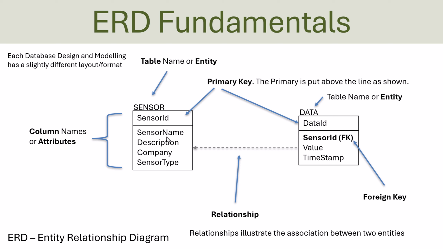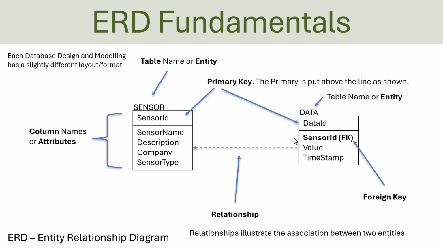And also in each table or entity, we have what we call columns or attributes that store specific information regarding that entity. So in this case, we have attributes or columns called sensor ID, which is the primary key in this case, sensor name, description, company, sensor type. So these are attributes or columns in that entity or table.